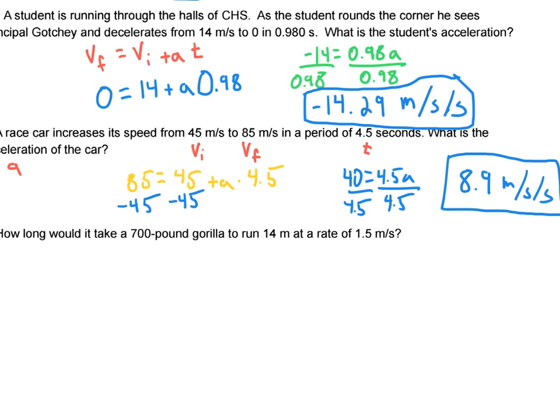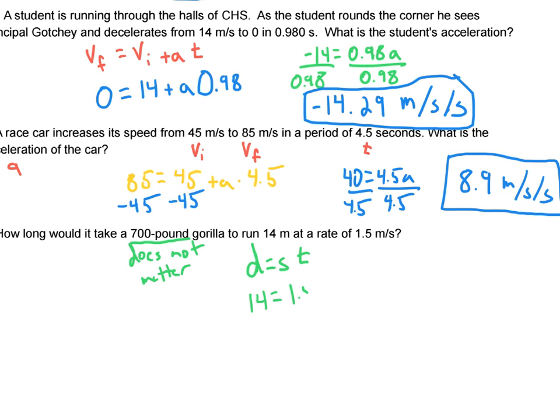How long would it take a 700-pound gorilla to run 14 meters at a rate of 1.5 meters per second? So here we've got a distracting piece of information. It does not matter that it's a 700-pound gorilla. So don't be thrown off by extra information. For this one, you can just do distance equals speed times time. So it's going to run 14 meters.